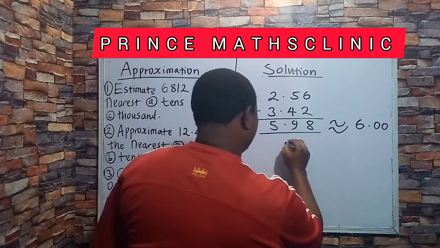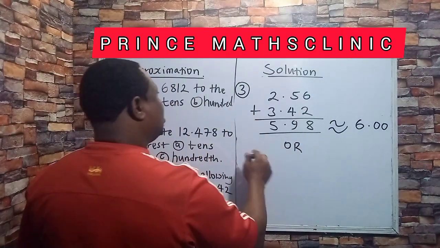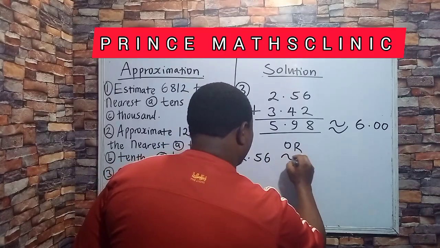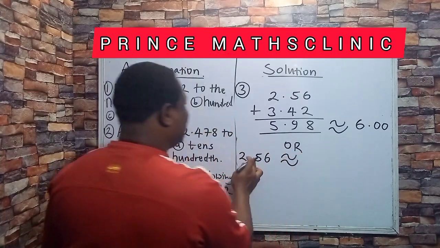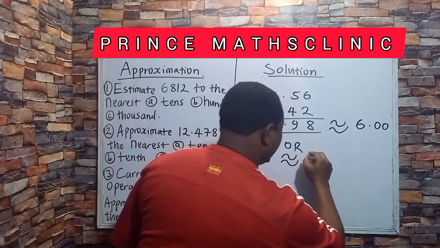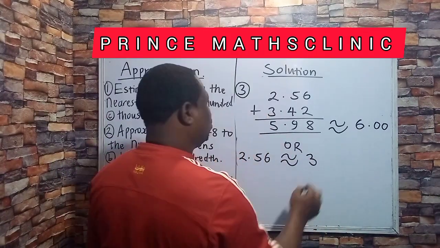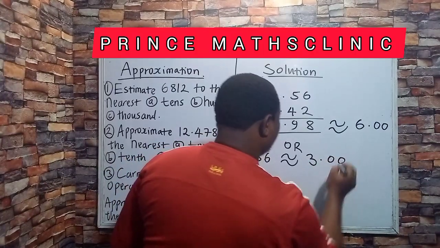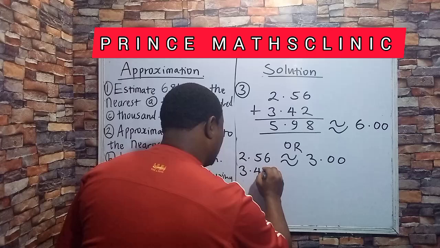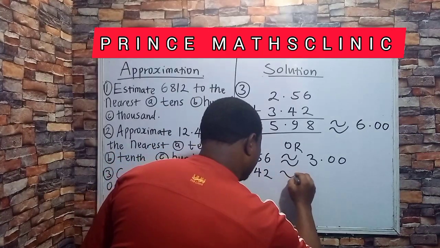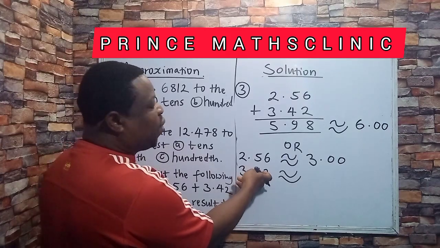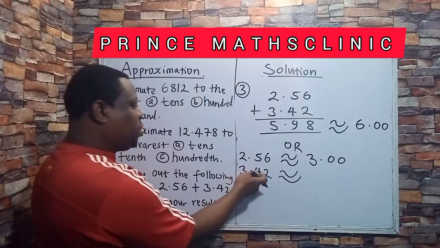Or you do it like this. 2.56 can be approximated. This is up to 5. Add it to this. This becomes 3.00. Then 3.42. This number here is 4. You round down, so it turns to 0.